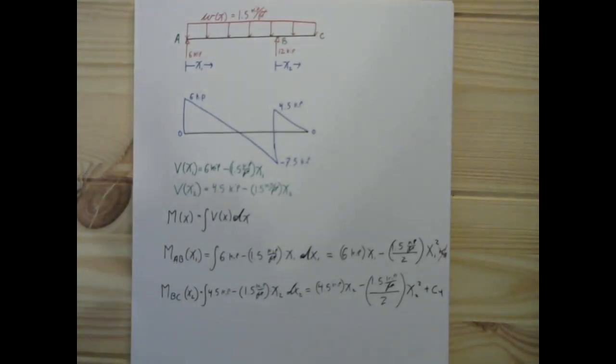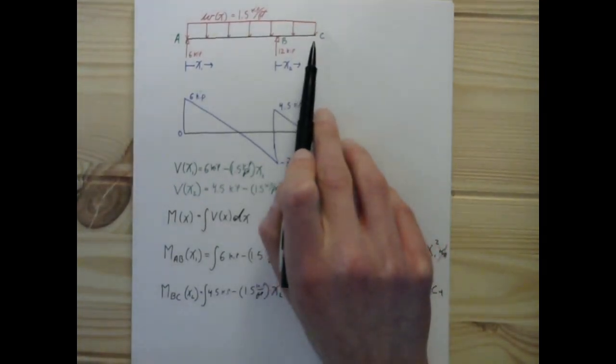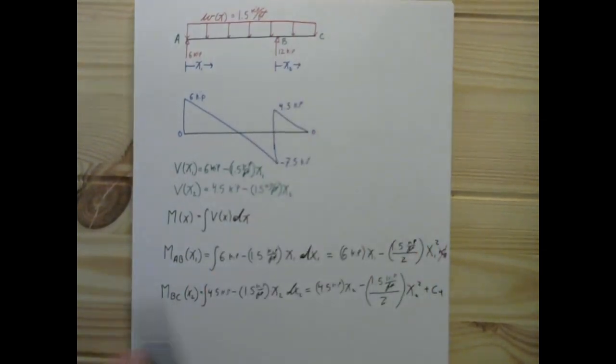There's a couple of ways we can go about this. Both of them will work fine. The first thing we can do is say we'd better have no moment at C because it's a free end.